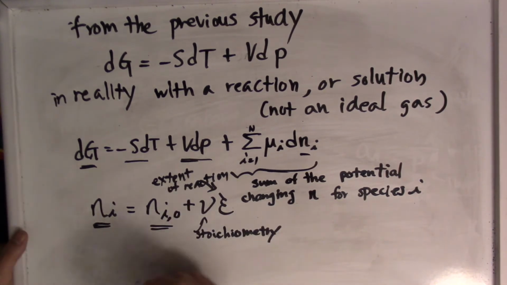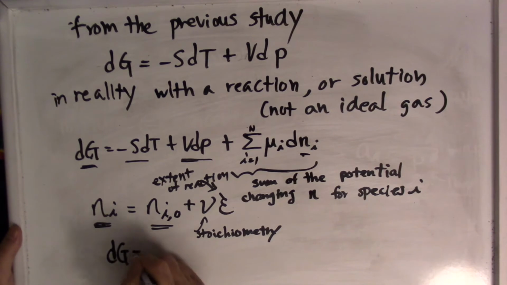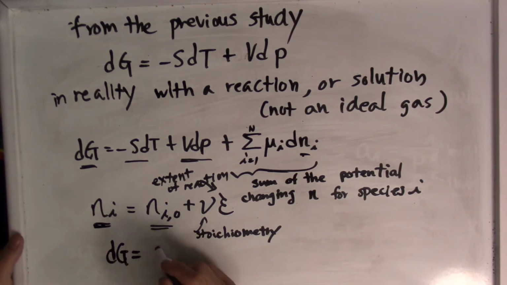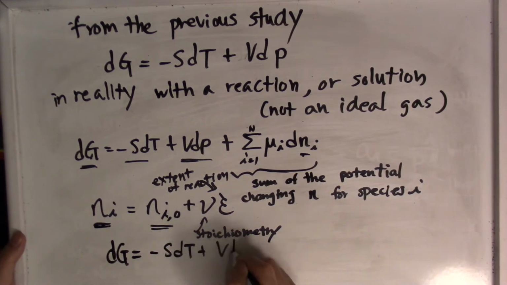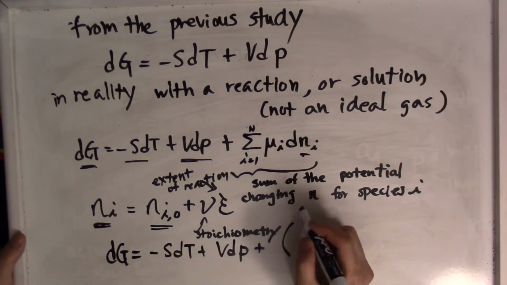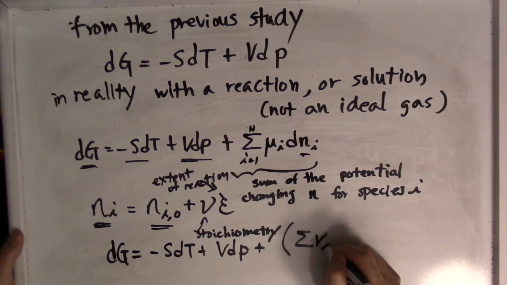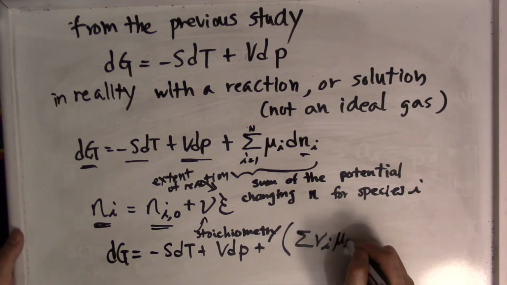If you write it this way, and if you substitute this into here, then you get dG is equal to minus SdT plus VdP plus, and then overall, you add the sum of the stoichiometry times the chemical potential, right?